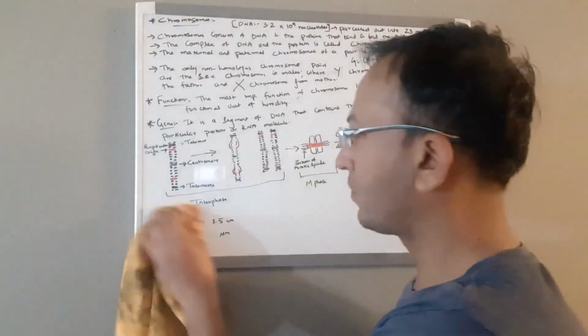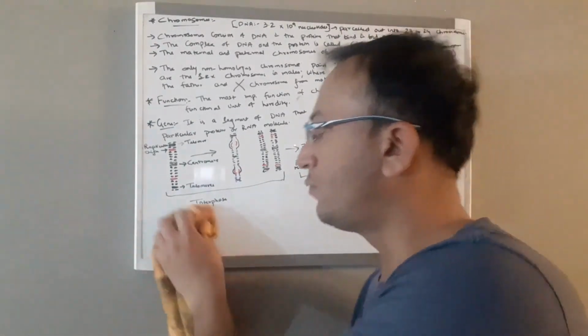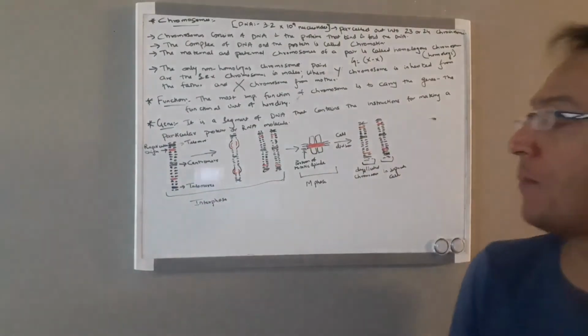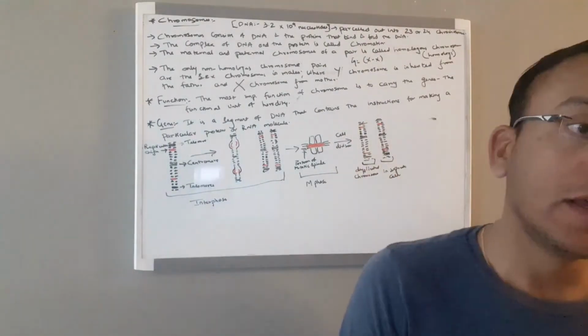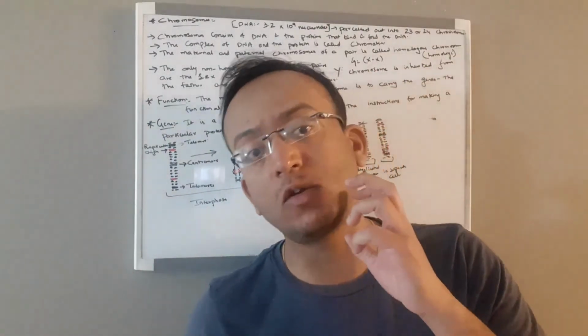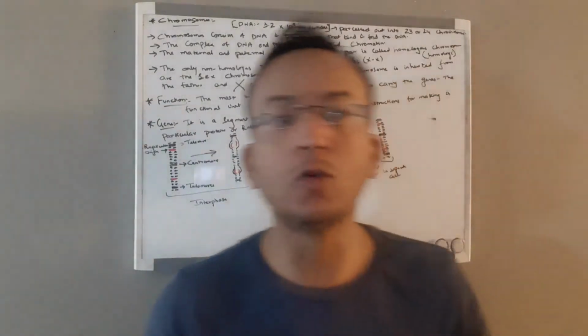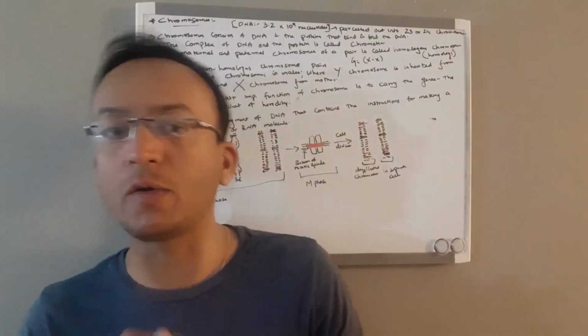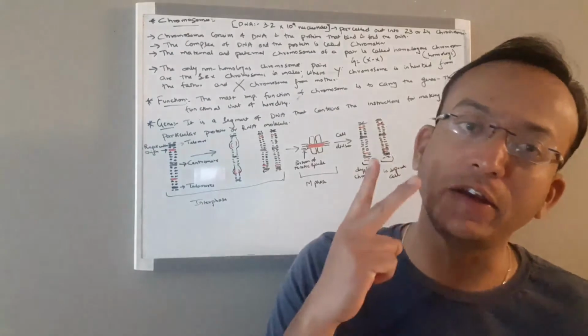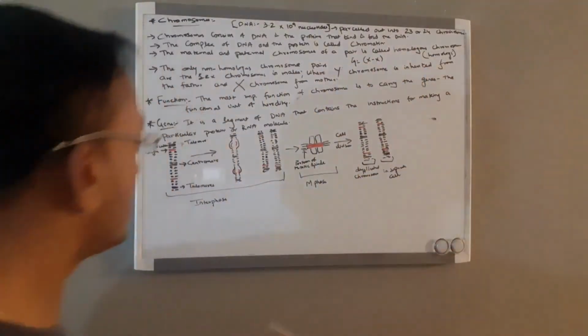Alright, so we'll see which are the proteins that are responsible for packing the DNA so finely. The proteins that bind to the DNA to form eukaryotic chromosomes are traditionally divided into two general classes.